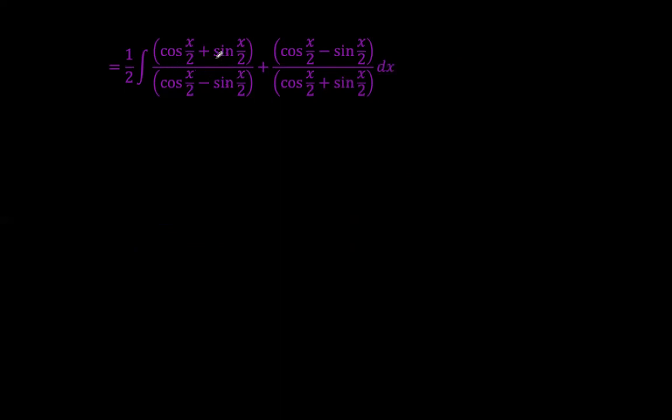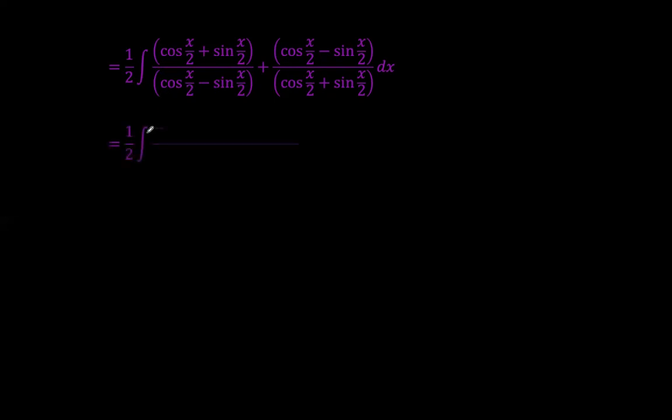And when you differentiate this denominator, cosine x over 2 differentiated is negative a half sine x over 2, and then differentiating the other term, this is the same as negative cosine x over 2 times a half. So essentially it's the same thing you have in the numerator, but multiplied by 2 and then also times negative 1.